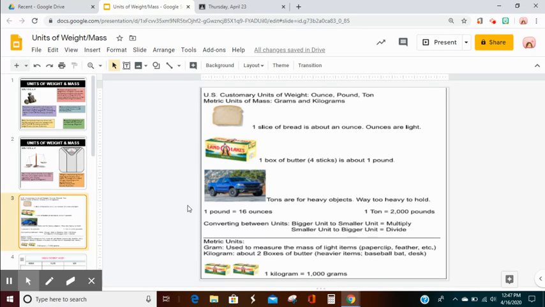A kilogram is about 2 boxes of butter. So they're going to be used for heavier items, such as a baseball bat or a desk. 1 kilogram is equal to 1,000 grams. So that prefix kilo means 1,000. So that's 1,000 grams.